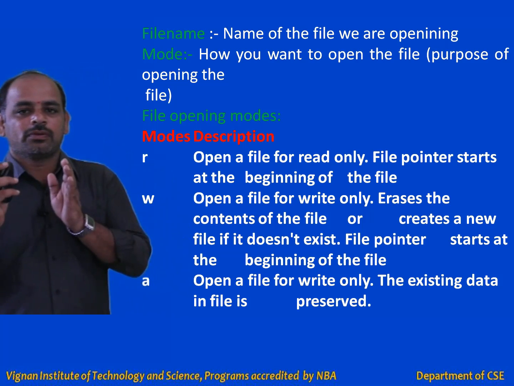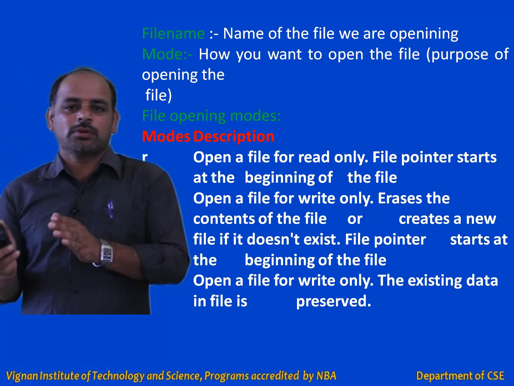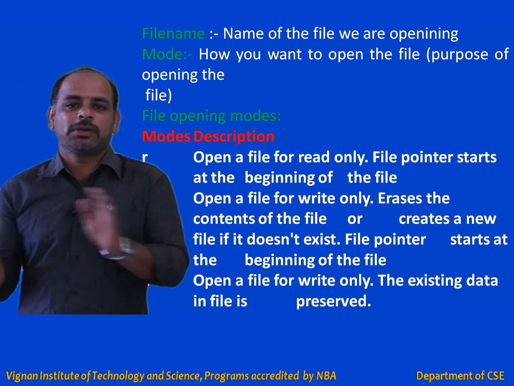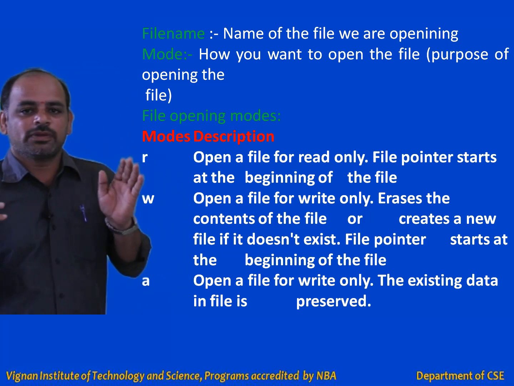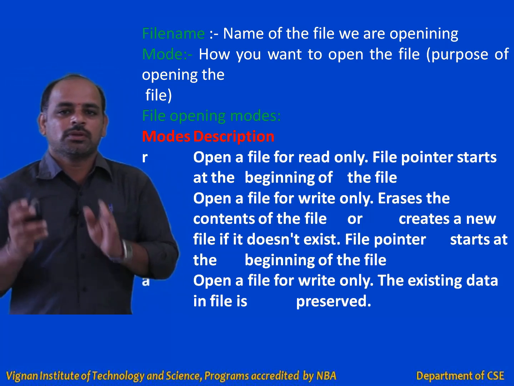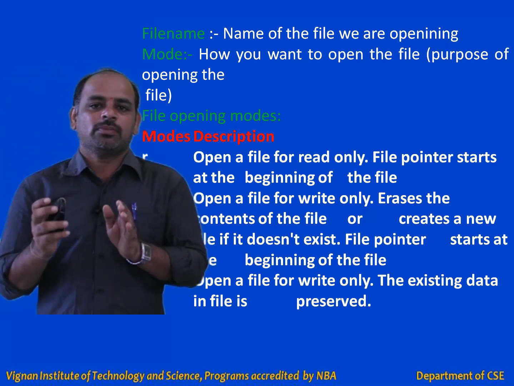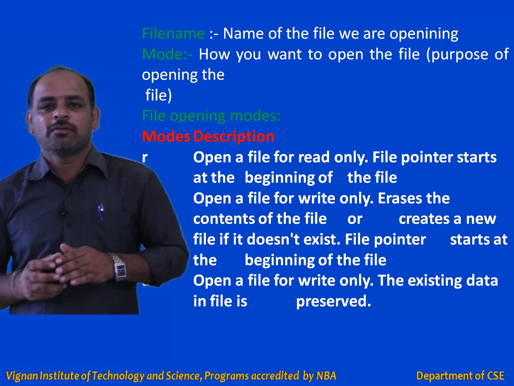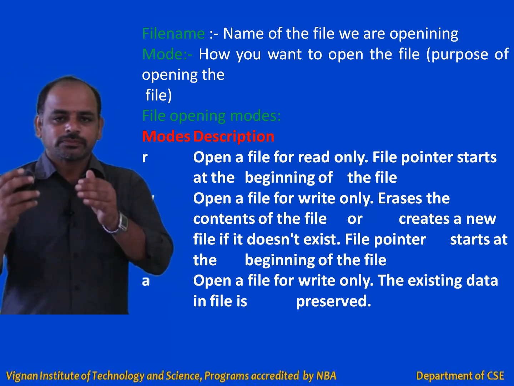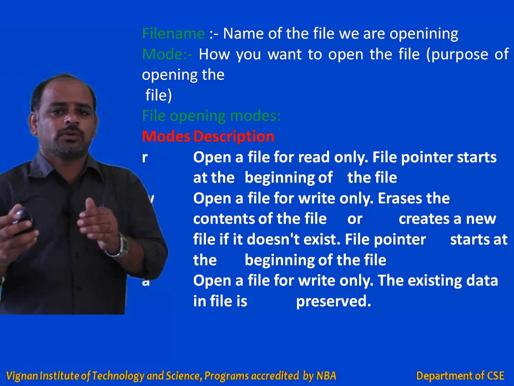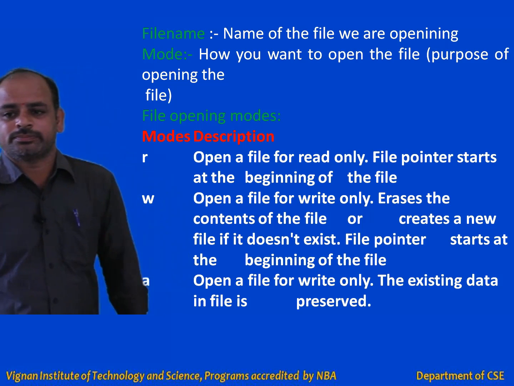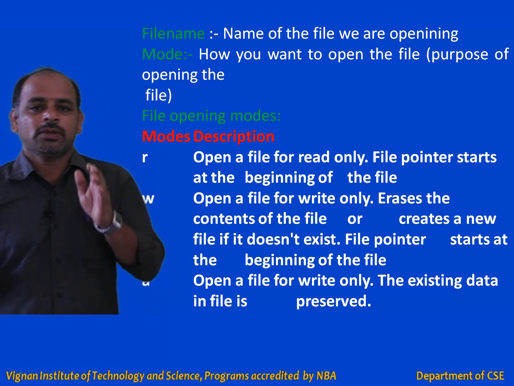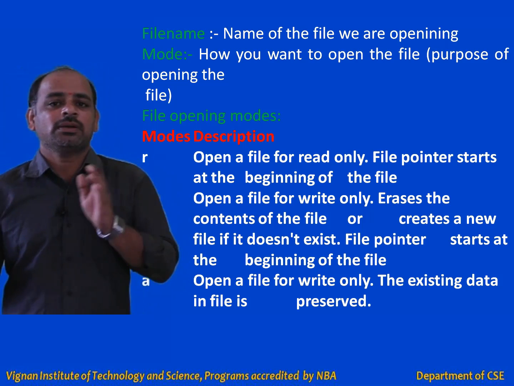When we open the file in write mode, the complete data already in that file is erased. But when we open the file in append mode, the data remains the same, and only new data will be added at the end of that particular file. That is the difference between write mode and append mode. And one more thing: only an existing file will be opened when we open the file in append mode.